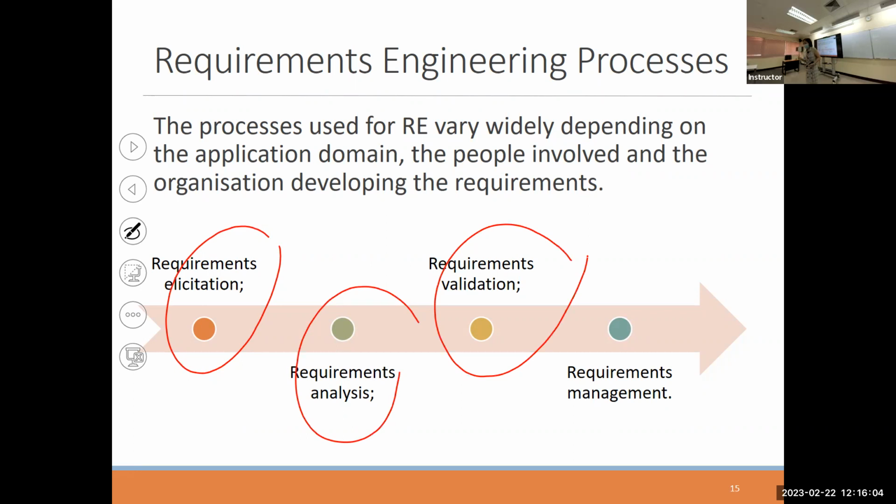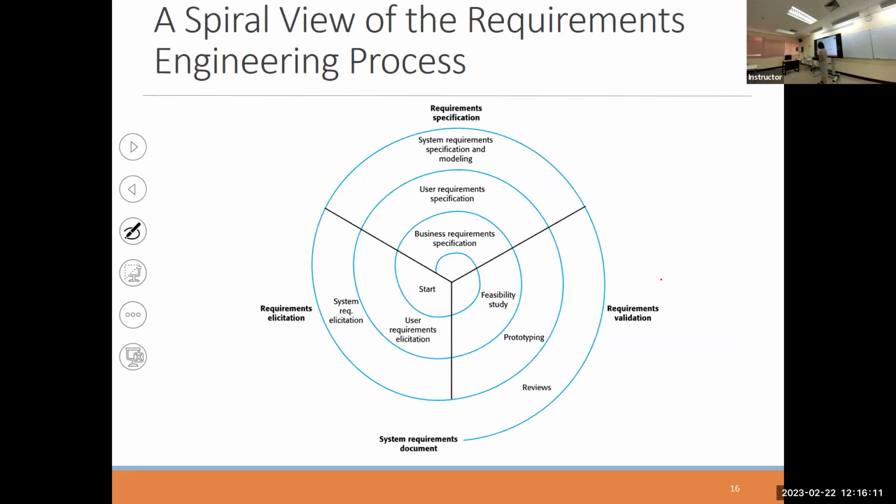So the validation of requirements, and then also management of requirements. Management means requirements may change, may evolve, may have additional ones, obsolete ones, and so on. So management would require maintenance and update of those requirements.